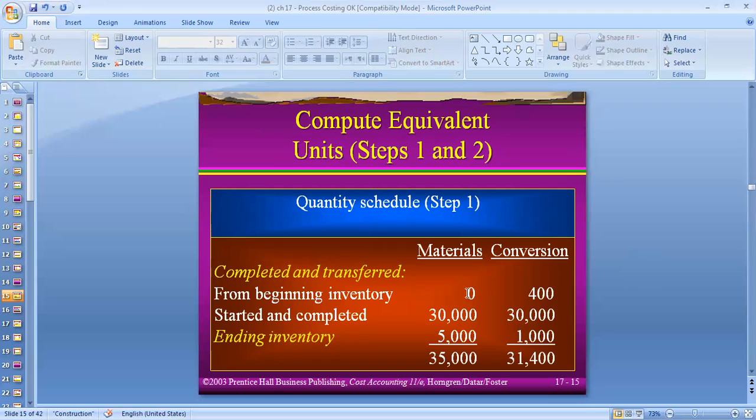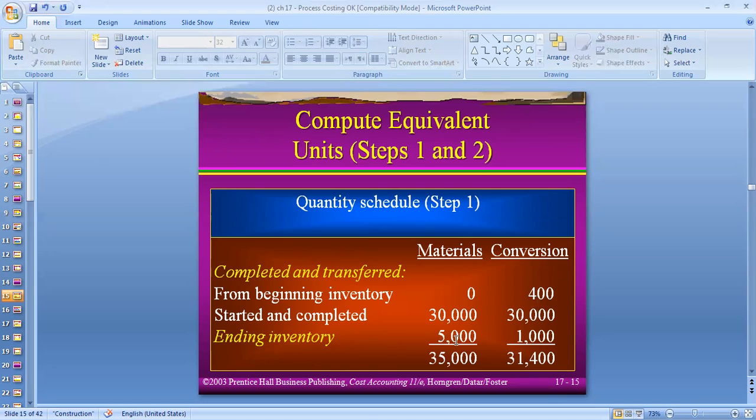Now, this beginning work in process is completed 60% from the conversion cost point of view. That's why it needs the uncompletion rate, that is 100% minus 60%, 40% only. 1,000 times 40% gives 400. For the started and completed, 30,000 completed from this period.